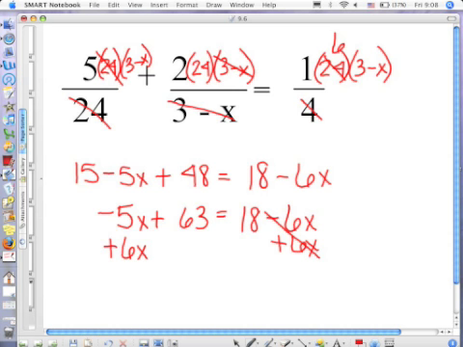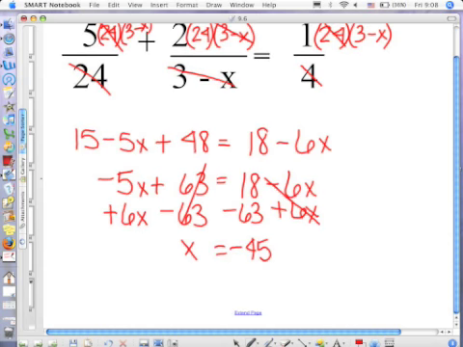Which means I need to take my 63 and bring it to the other side, right? So I have 1x is equal to negative 45. 63 minus 18 is 45. 63 was bigger, it's negative, so your answer is negative.